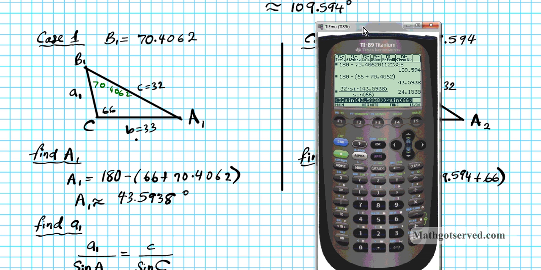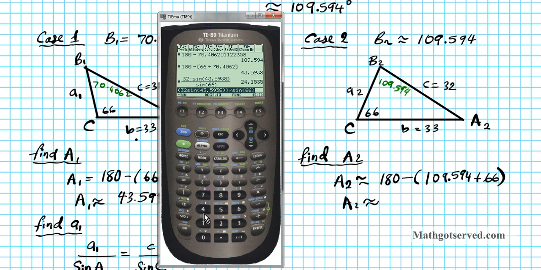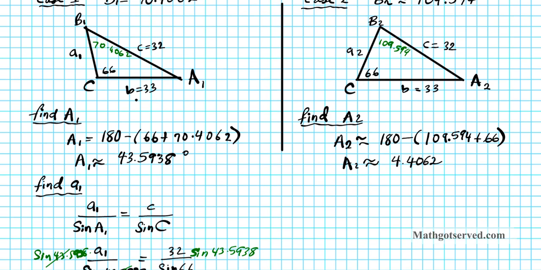So we have 180 minus, let me see if I can grab the answer I had before, plus 66. And the value of A2 is going to be 4.4062, okay? So 4.4062.